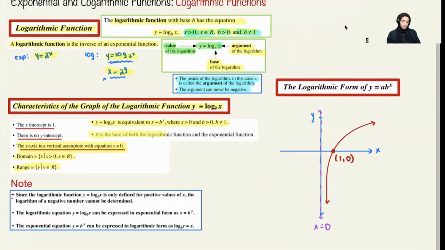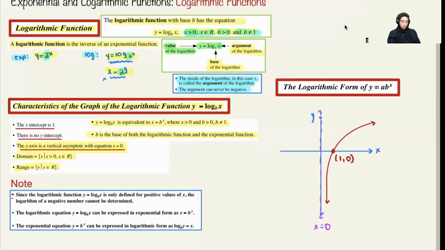The base b of both logarithmic functions and exponential functions is the same base, and we saw that over here as well, where we had base 2 and base 2 for the same function, okay? And it's also for its inverse, right? So over here, if I were to say, here's the log, here's its inverse, they have the same base b.